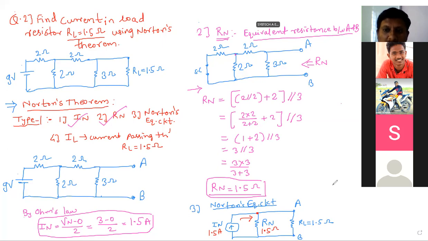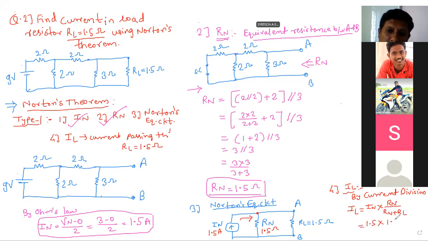So the fourth calculation is IL. By current division you can find out: IL is equal to total current IN into RN, the opposite branch resistor, divided by RN plus RL. So total current is 1.5 into 1.5 divided by 1.5 plus 1.5.